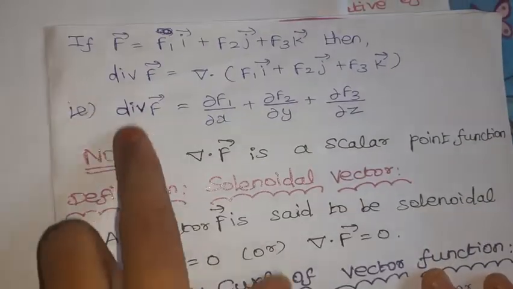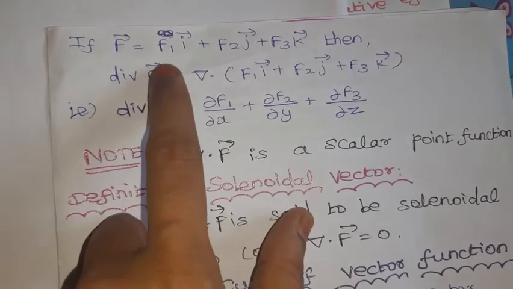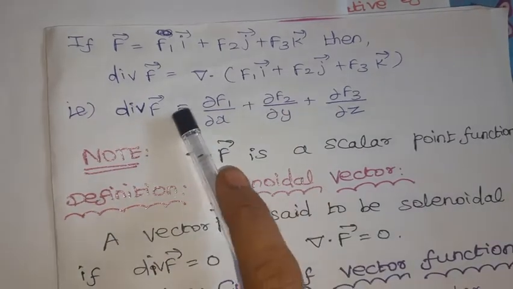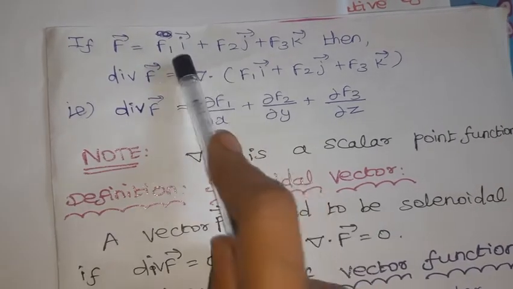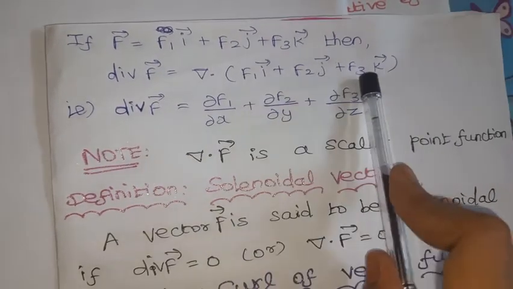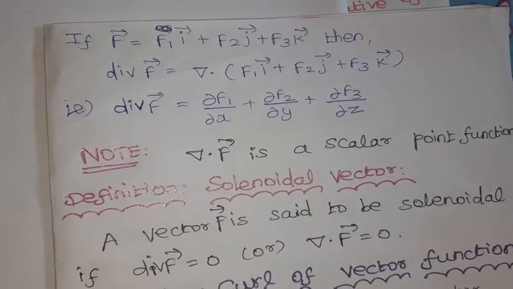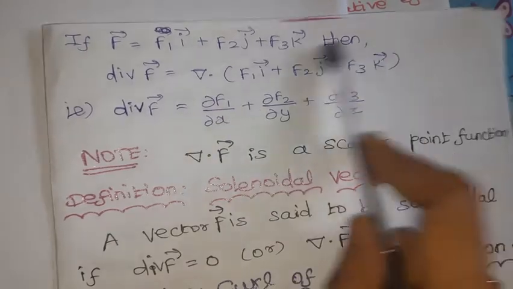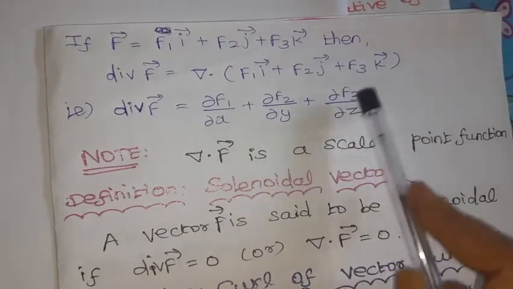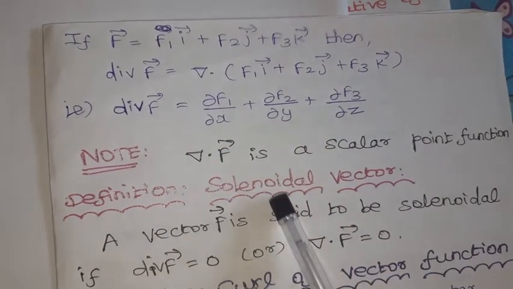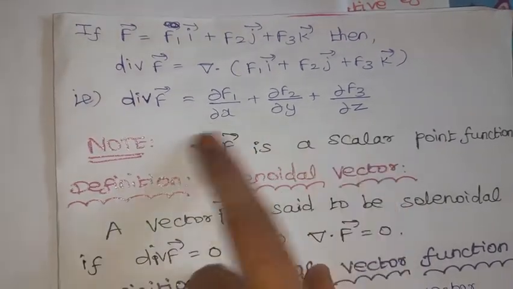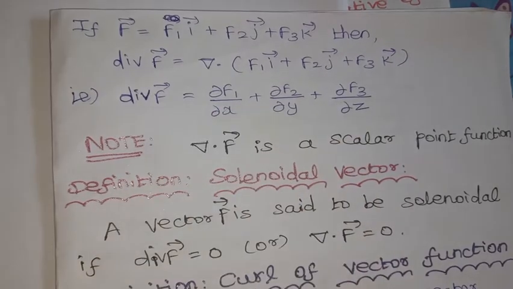Then, if f is equal to f1 i plus f2 j plus f3 k, then the divergence of f is del dot of this, so divergence f is dou f1 by dou x plus dou f2 by dou y plus dou f3 by dou z. So del dot f is a scalar point function. Whenever we differentiate and add these, we get one scalar value.